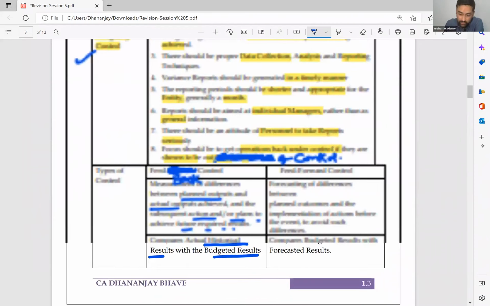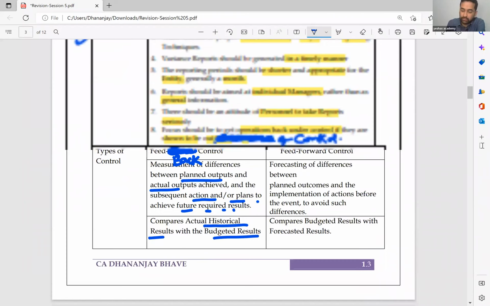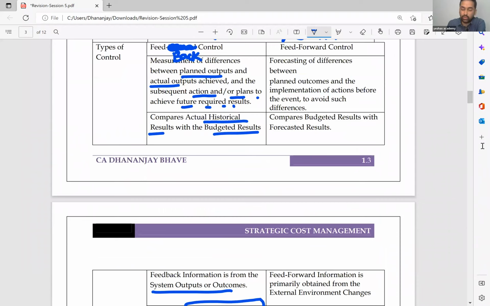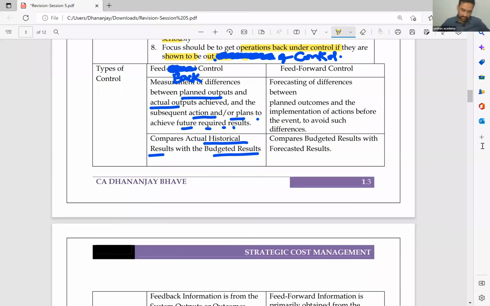In feed forward control, what do you do? Forecasting of differences between planned outcomes and implementation of actions before the event to avoid such differences. We are still in the month of September itself. Imagine this way, second example. We have the September budget with us. Today is September 10th.